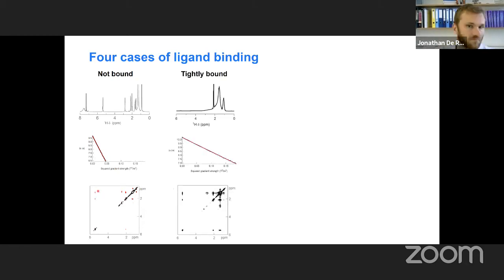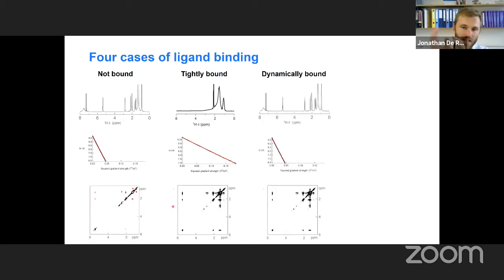Tightly bound means very broad peaks in the 1D spectrum. Slow diffusion coefficient, and because the ligand is tightly bound to the nanocrystal, it diffuses with the nanocrystal. And also the NOESY gives you negative cross peaks, showing you it is a bound molecule. And then we have dynamically bound. Let's say 90% free, 10% bound.